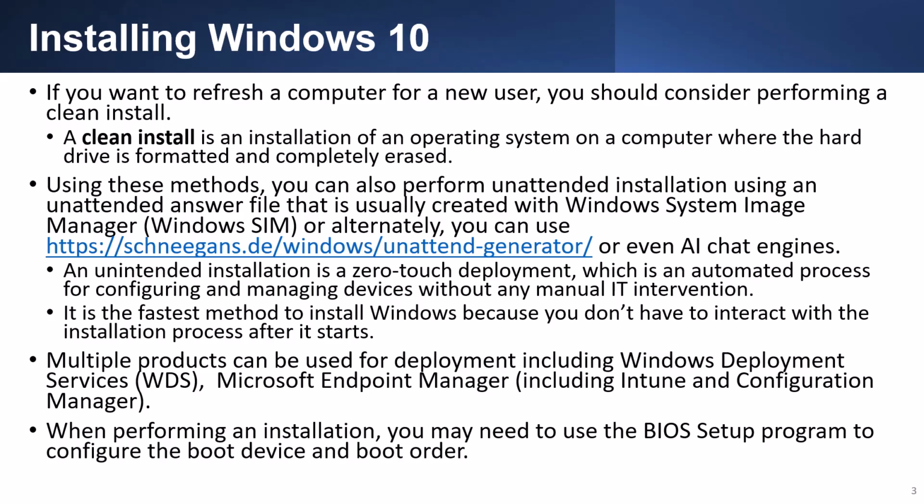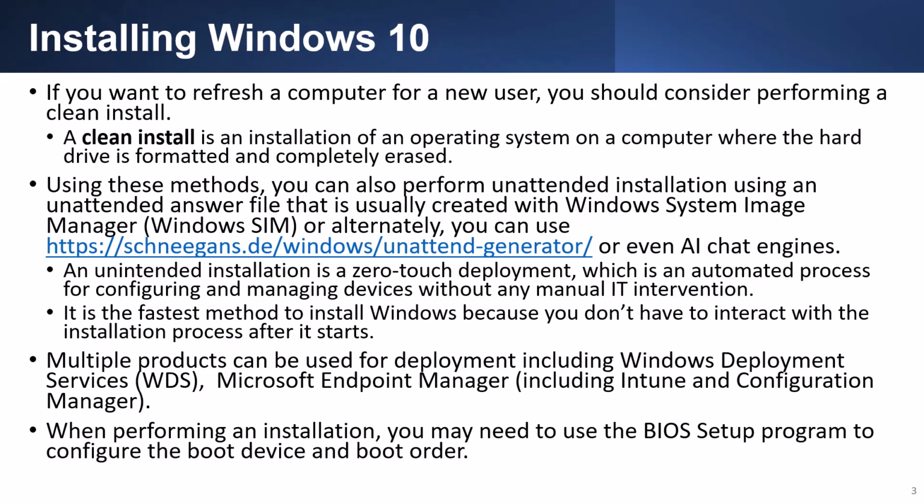Windows System Image Manager or Windows SIM, or alternatively, you can use the website shown on the screen or even AI chat engines. An unattended installation is a zero-touch deployment, which is an automated process for configuring and managing devices without any manual IT intervention.